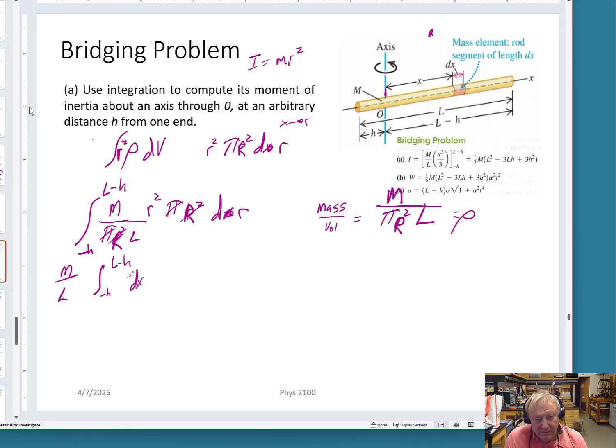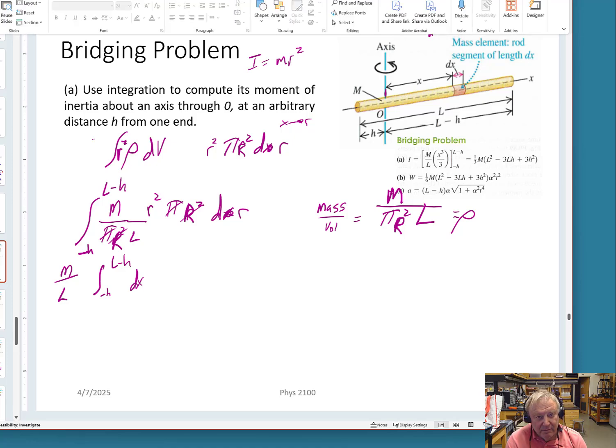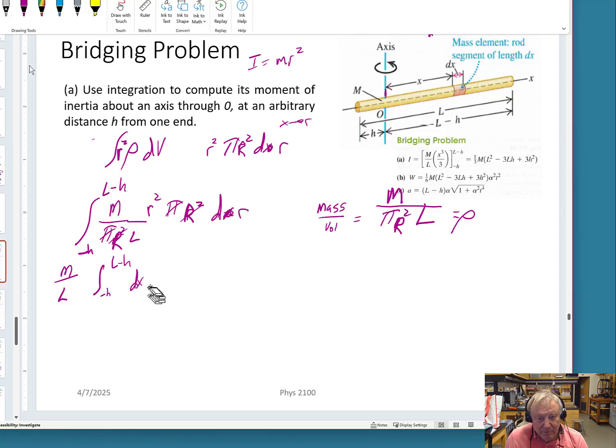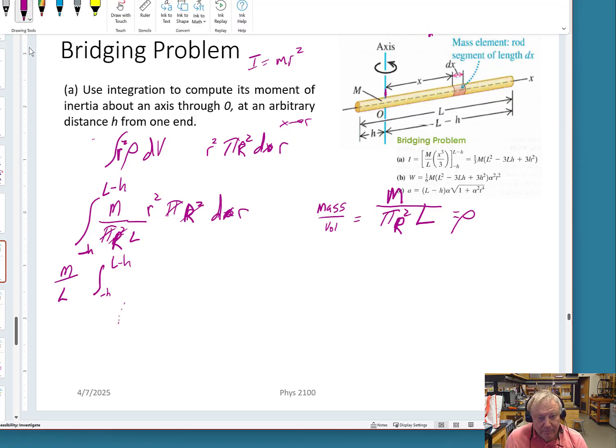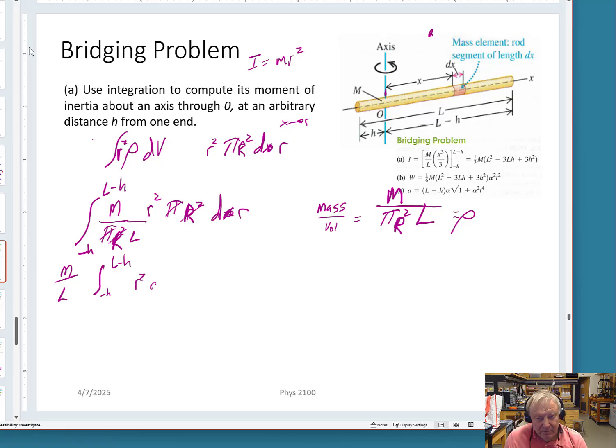We gotta clean this up a little bit. So lots of stuff cancels out, and so r squared dr is equal to M over 3L times r cubed from minus h to L minus h.